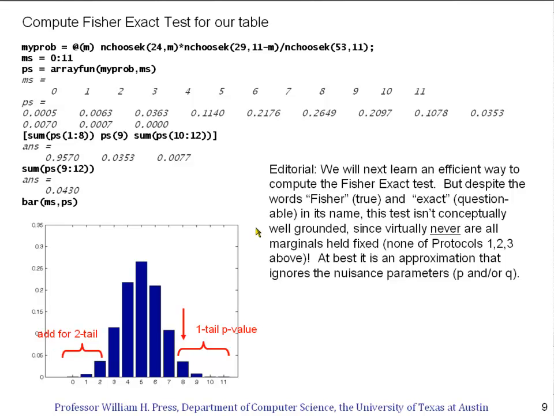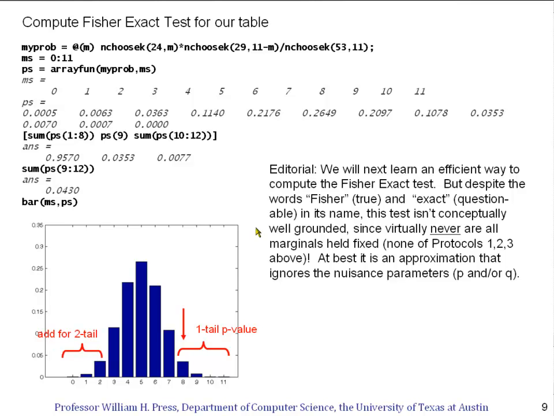Virtually never are all the marginals in an experiment actually held fixed, so that neither protocols 1, 2, or 3 are being tested by Fisher's exact test.